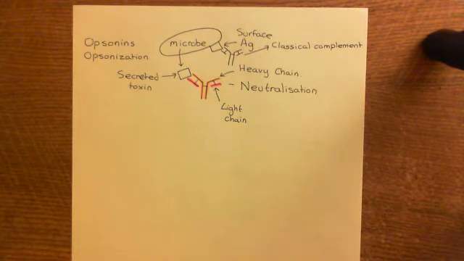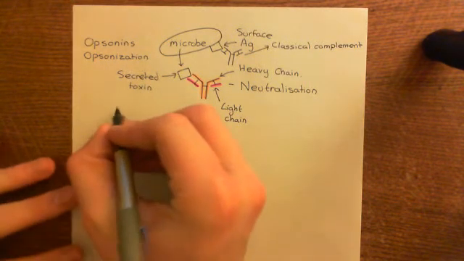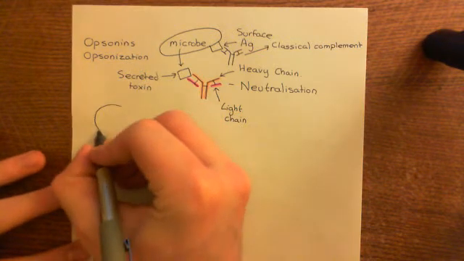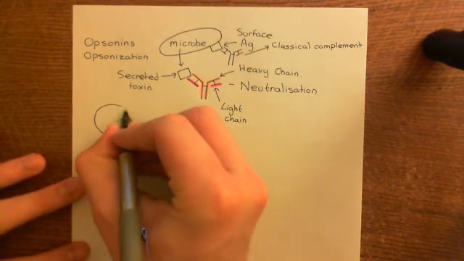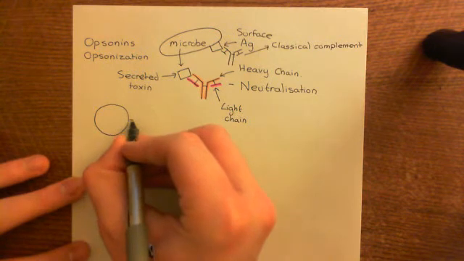One last thing I want to say is what these memory B cells will do. Memory B cells will go into the circulation, and they are not secreting antibody, but they are waiting. All they need is the signal.